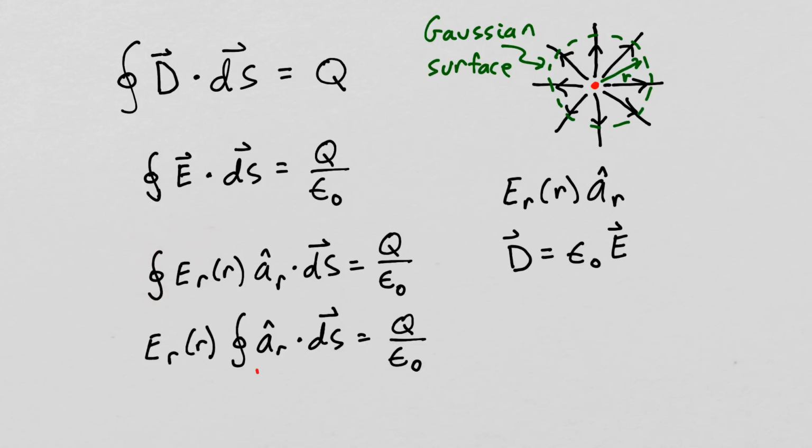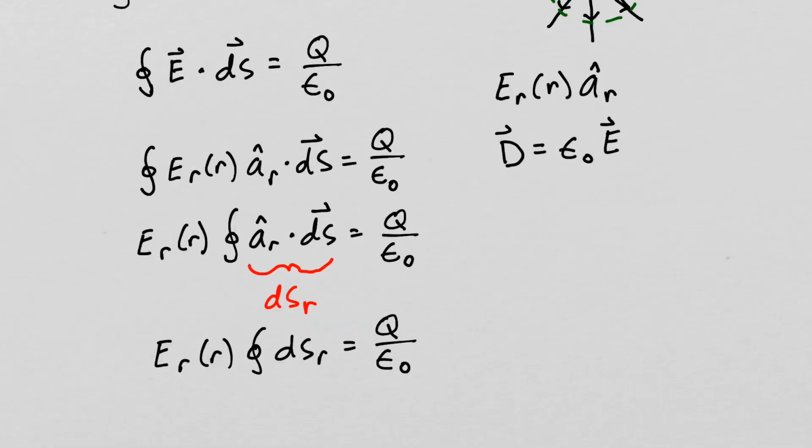The unit vector dotted with our differential surface will give us the differential surface in the radial direction. The integral of the surface differential in the radial direction over a sphere of radius r is just the surface area of that sphere, or 4 pi r squared.